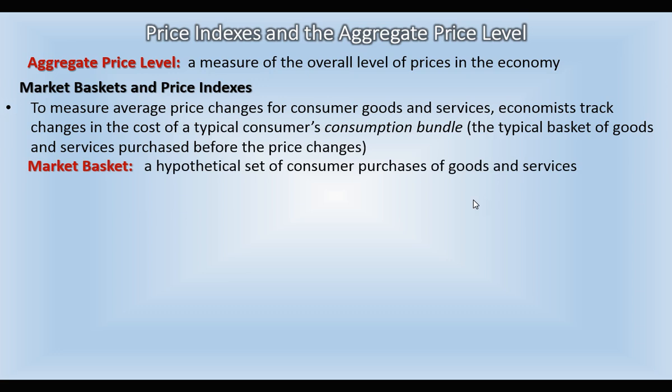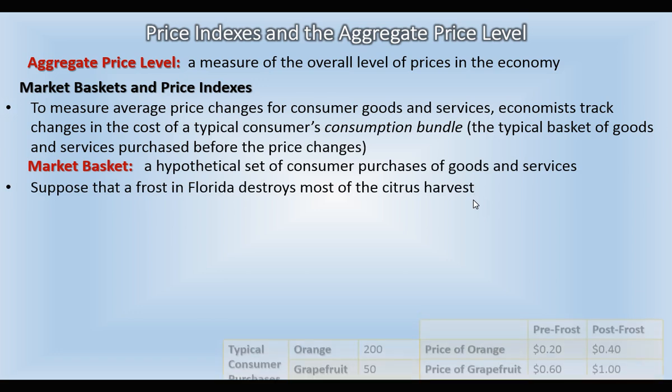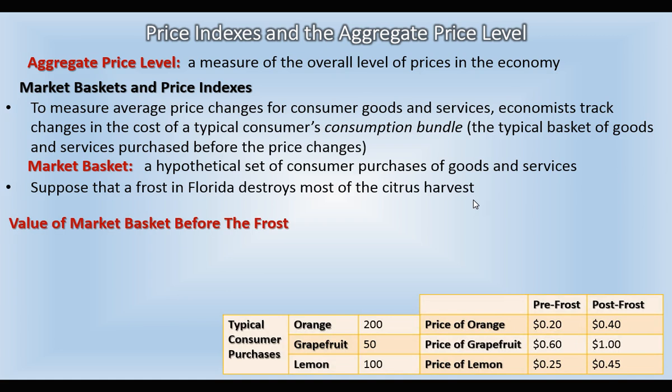A market basket is a hypothetical set of consumer purchases of goods and services. So suppose that there's a frost in Florida that destroys most of the citrus harvest. We can track the value of a market basket before the frost. So here's the typical consumer purchases of oranges, grapefruits, and lemons.